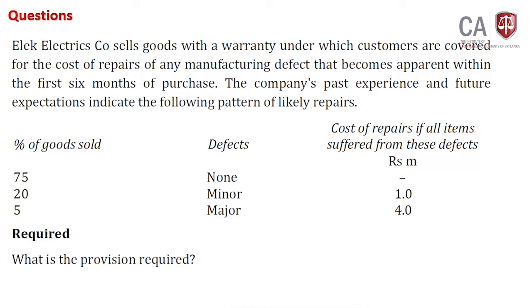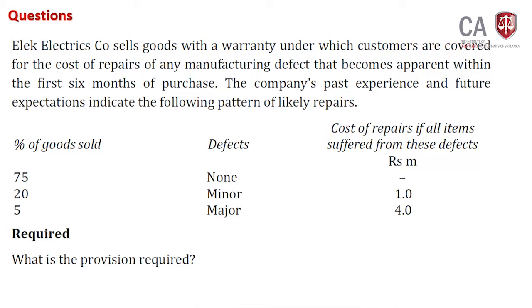Here there is no individual most likely outcome. Why? Because here you have three outcomes. What are the three outcomes? When you sell goods, 75% of them have no defects. How do you say that? Based on past experience. 20% of goods sold have minor defects.